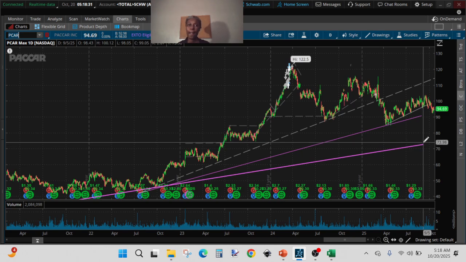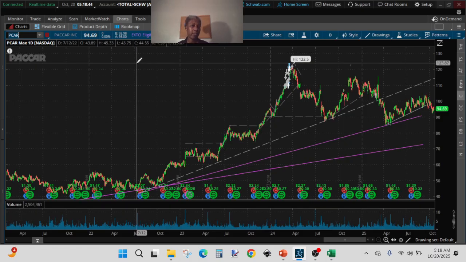So what I'm trying to determine with those stocks is what the valley line is for them. It's not obvious for every single one of them.